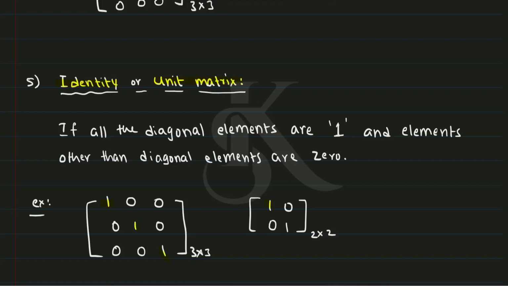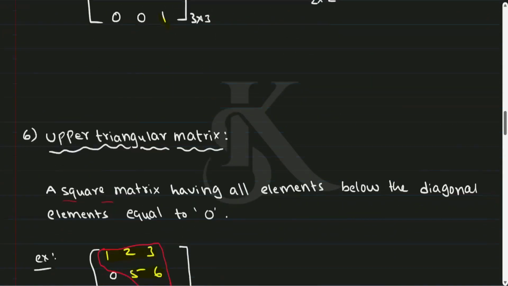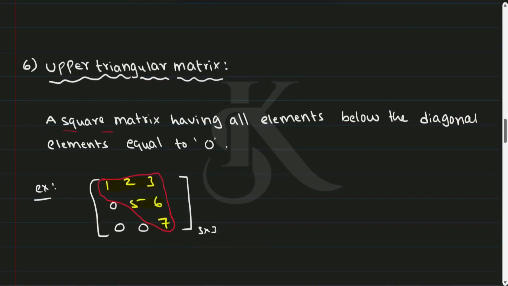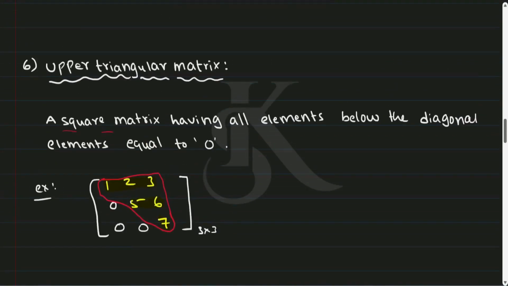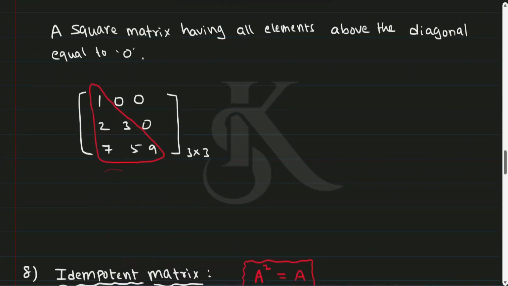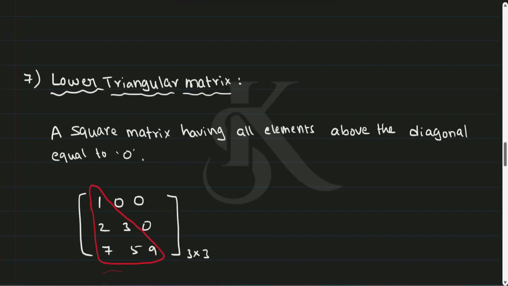Upper triangular matrix, a square matrix having all elements below the diagonal equals to 0. See here, we are forming a triangle. Same as the lower triangle: a square matrix having all elements above the diagonal equals to 0.